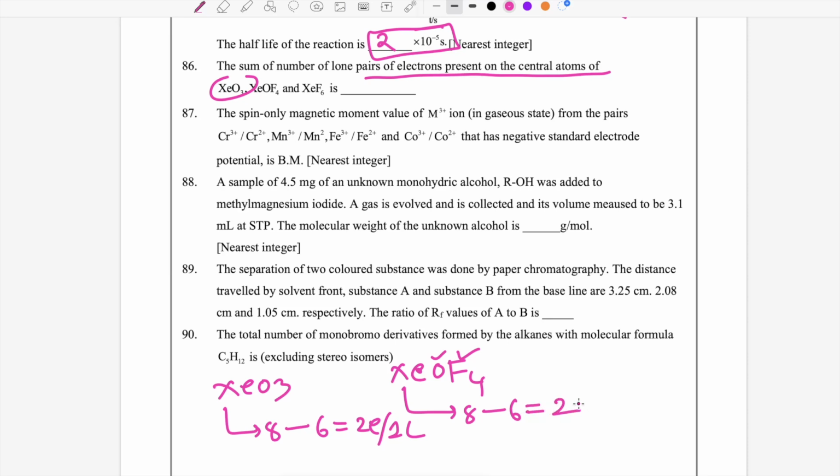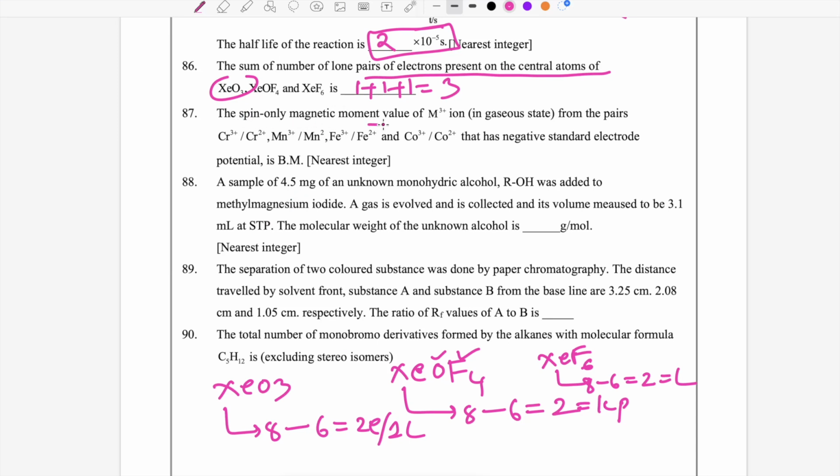So 2 electrons equal 1 lone pair. And in XeF6, xenon has 8 electrons, 8 minus 6 is 2, which equals 1 lone pair. All of them have 1 each, so 1 plus 1 plus 1 should give 3. The answer for this question is 3.